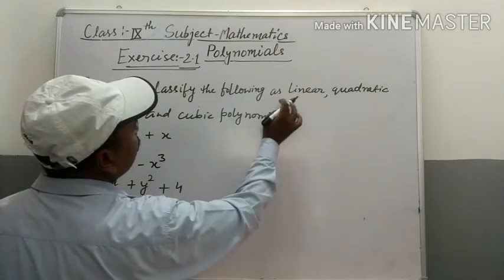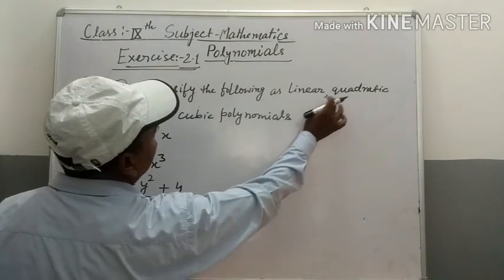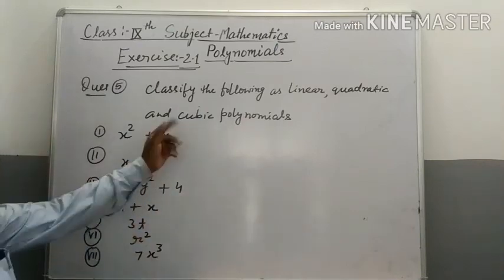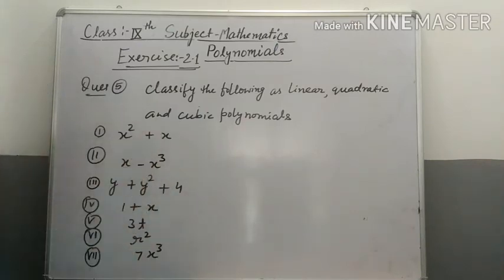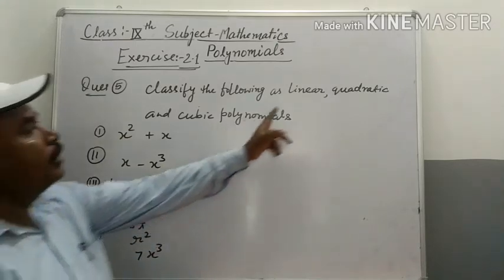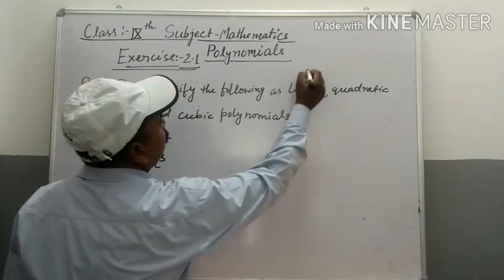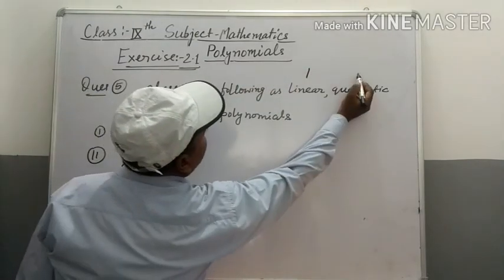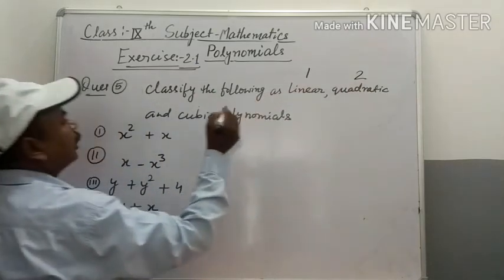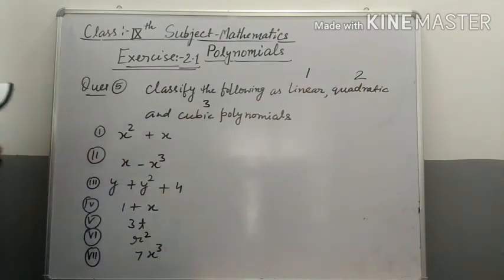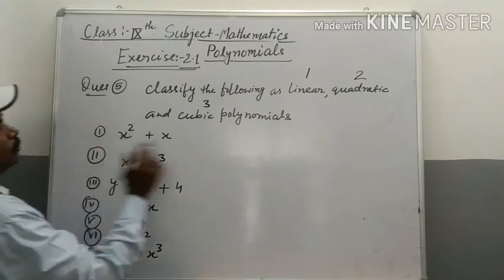Classify the following as linear, quadratic and cubic polynomial. Before we start to solve this problem, students, linear means the power of polynomial is 1. Quadratic means power 2, and cubic you have already noticed, cube मतलब 3, power 3. Now students, that is so simple.